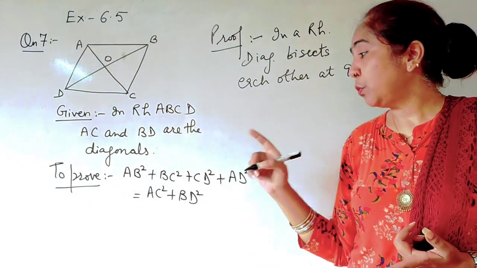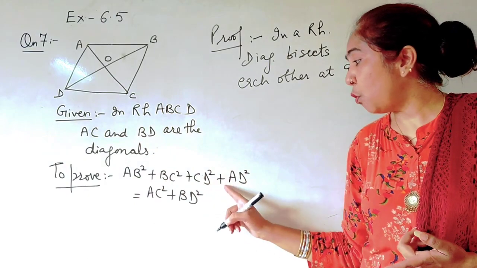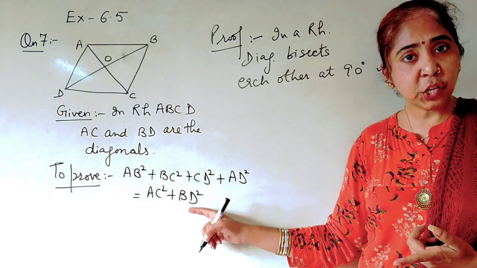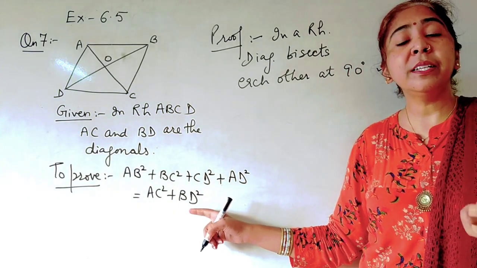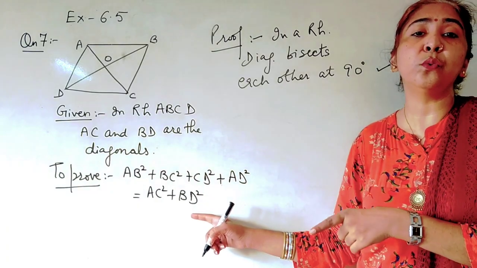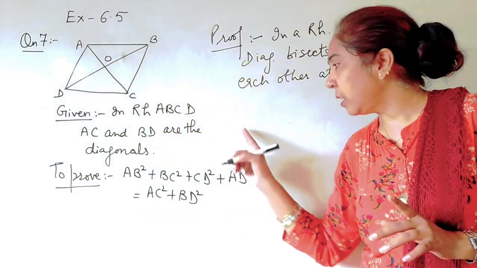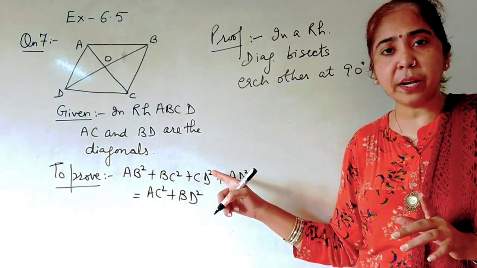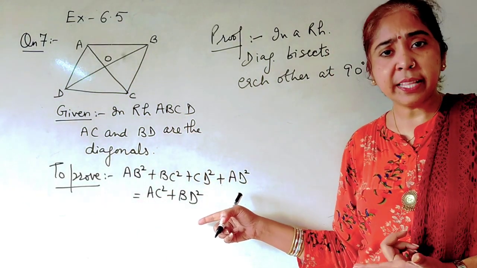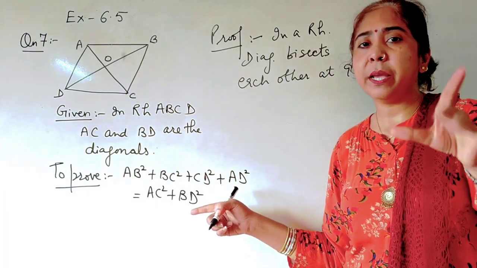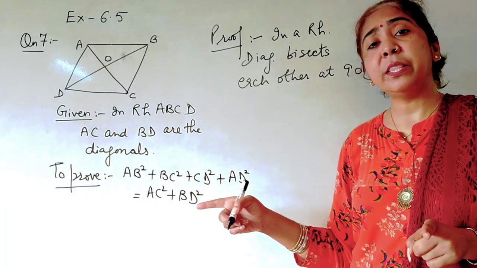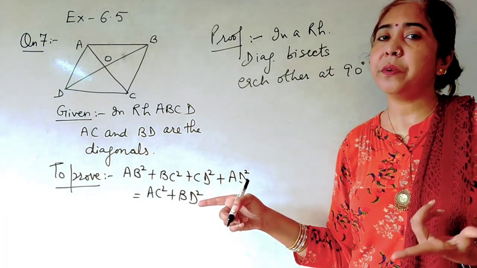And one more thing I want to make clear: whenever you have so many squares in a question, you will have to use the Pythagoras theorem. When you see the question has so many squares, that means you have to apply Pythagoras theorem. And for applying Pythagoras theorem, you should have a right angle.